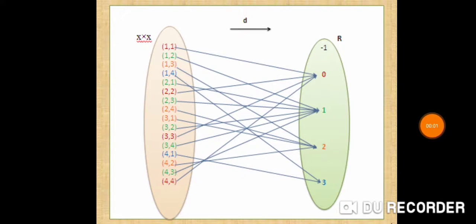Since d is a function from X cross X to R defined by d of x, y equal to modulus of x minus y, first we find the images of all the elements of X cross X using d of x, y equal to modulus of x minus y.